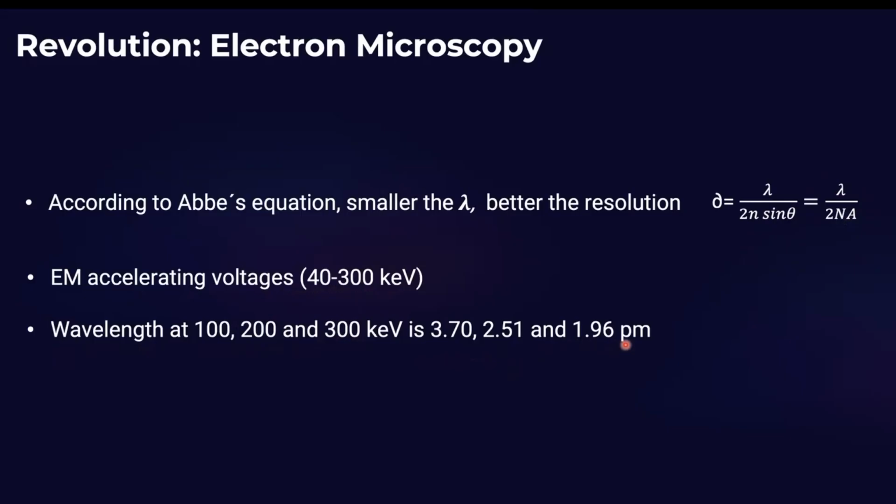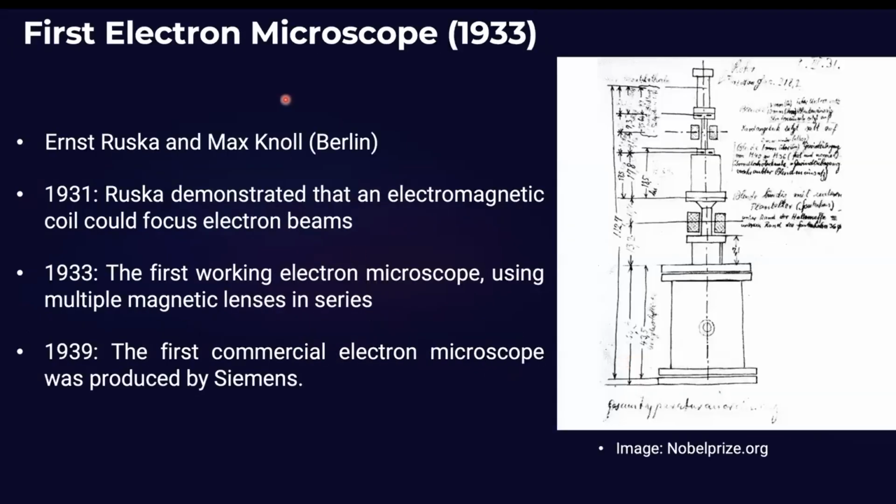With this, the first electron microscope was built by Ernst Ruska and Max Knoll in 1931. There is a demonstration. The first working electron microscope was developed in 1933, and after six years, Siemens produced the first commercial electron microscope.